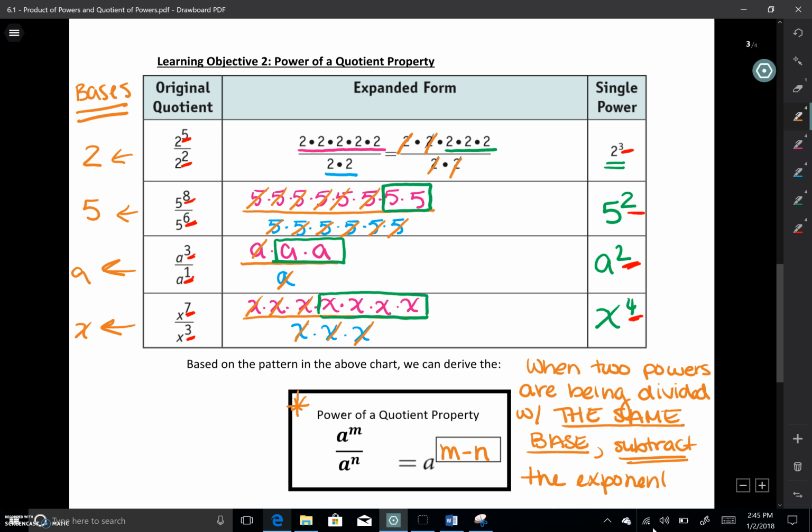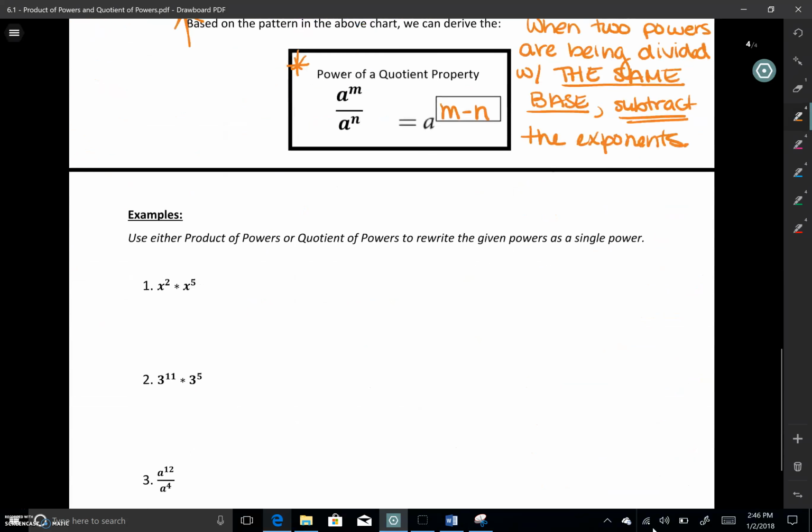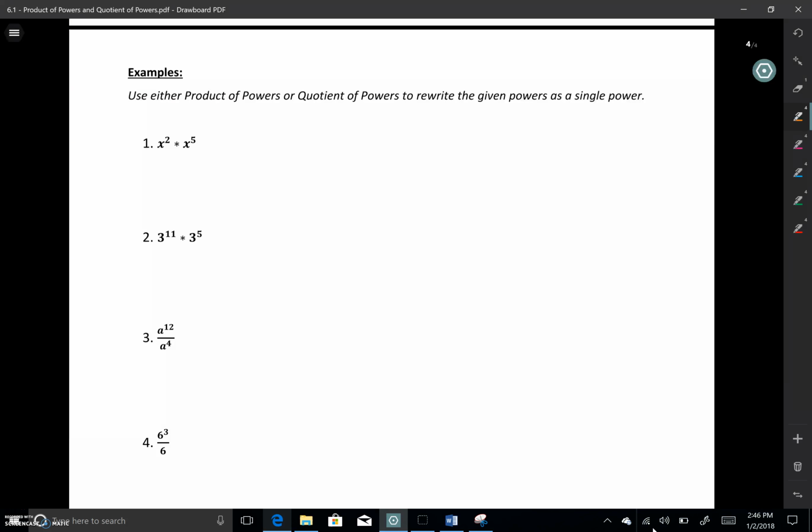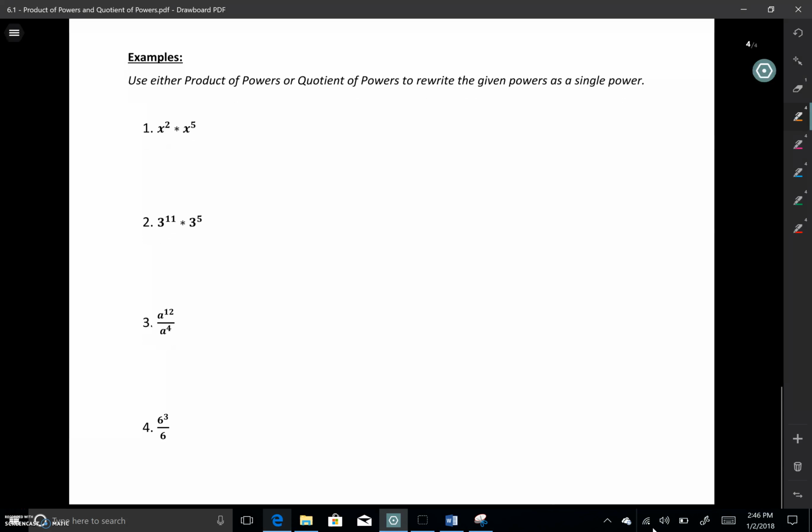And that's exactly what we did. All of my bases were the same. So as I showed you before, we subtracted our exponents and it left us with these exponents here. We just did it more mathematically and figured out why that happens in the chart. So those are the two properties of exponents that we're learning in this video.